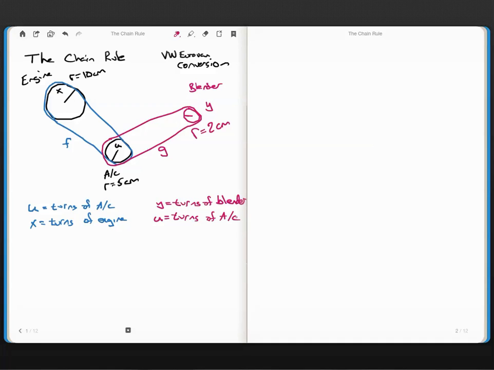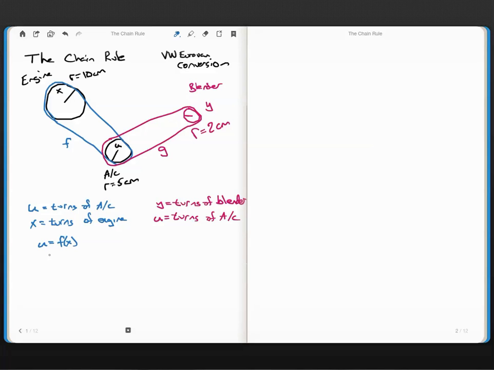Okay, good. Now, if I'm looking again at the air conditioning side of this thing, before it gets to the blender, I know that the number of turns that this thing makes is going to be related to the number of turns that this thing makes. So u is going to be some function of x, right?